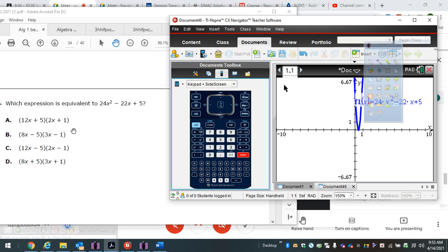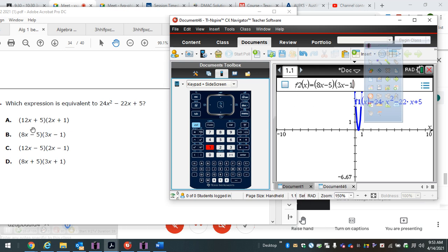You got it? I'm going to show you that this one's wrong. I'm going to put tab and graph that thing. 8x. Oh, my bad. Minus 5. Parentheses 3x minus 1. What was that? Press 1.